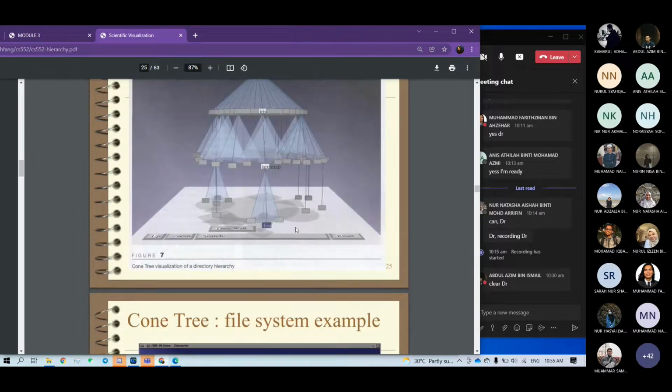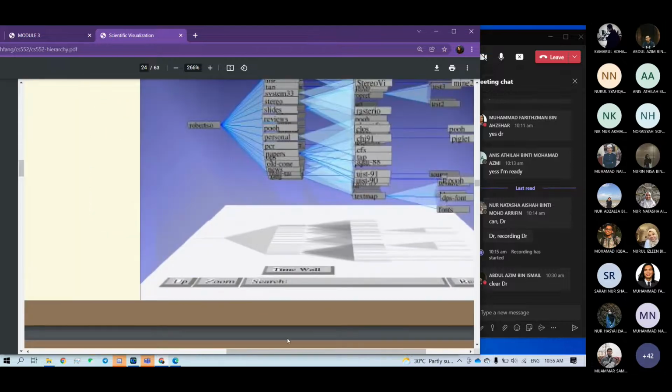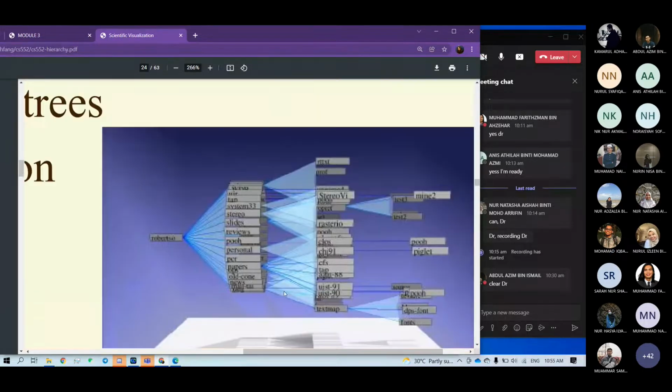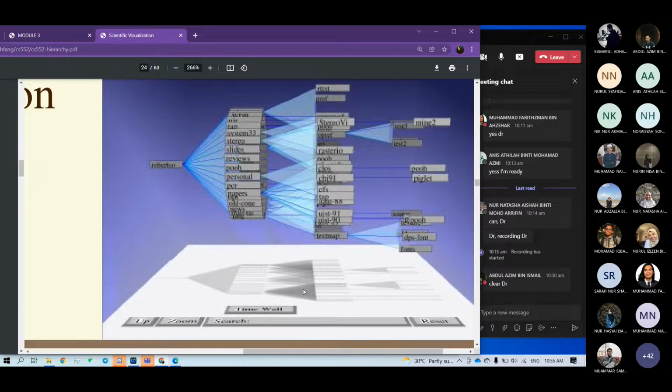Okay, these are the cone trees. This is considered 3D because you can see behind it. But honestly, it's not easy to read, it looks congested.